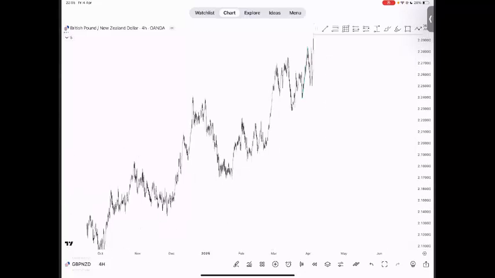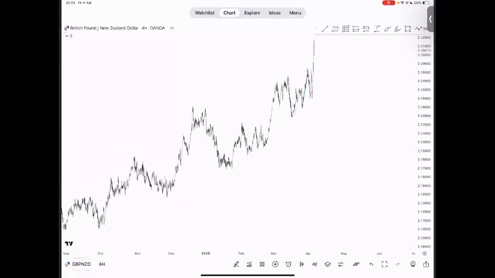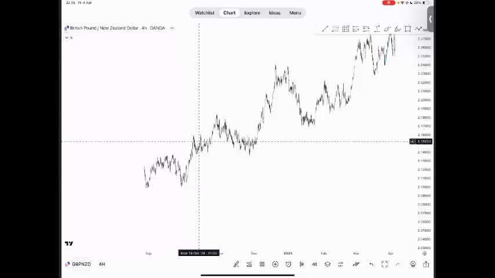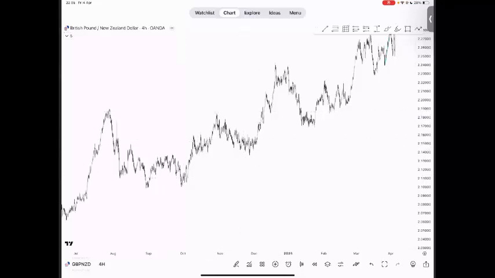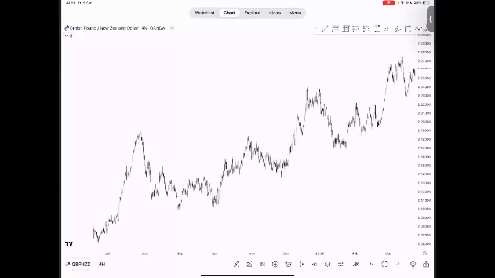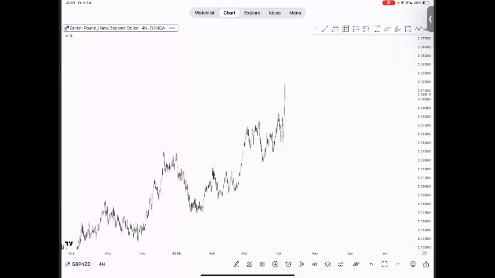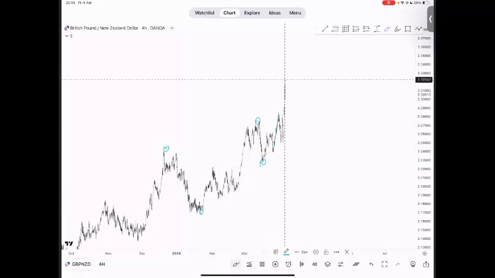If you're mapping out the structure from this point, you see what price has been doing, like this, like this, like this. If you're mapping this out, these would be areas of consideration. This is here, this is here, this is here.